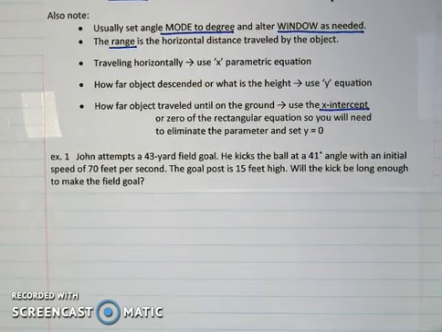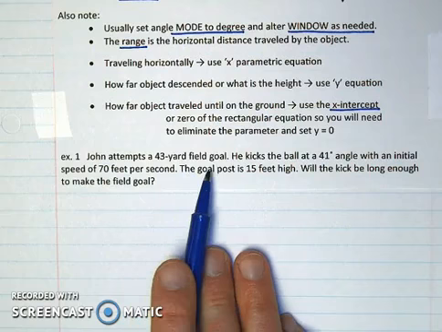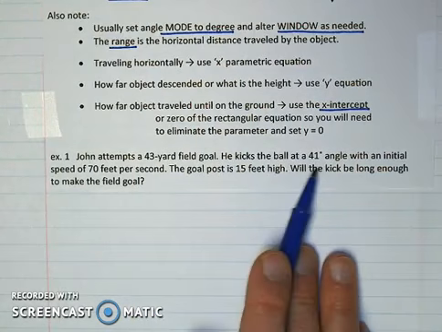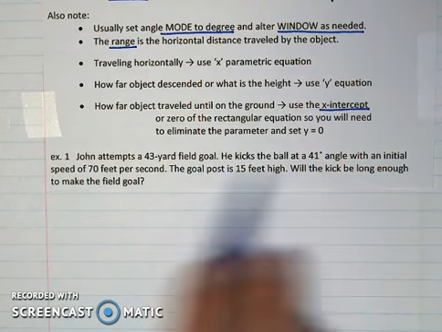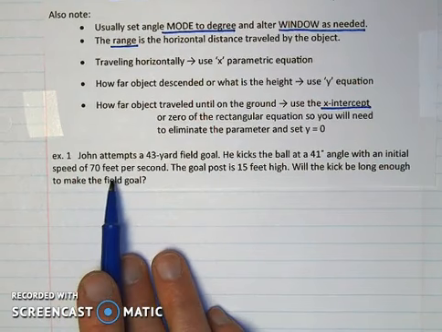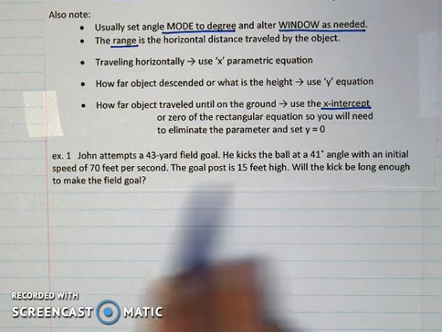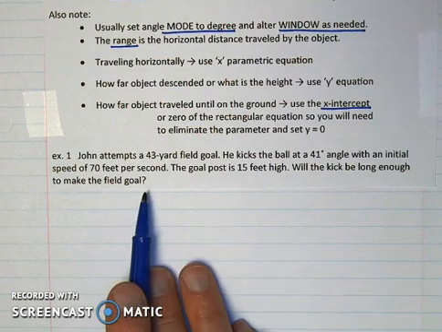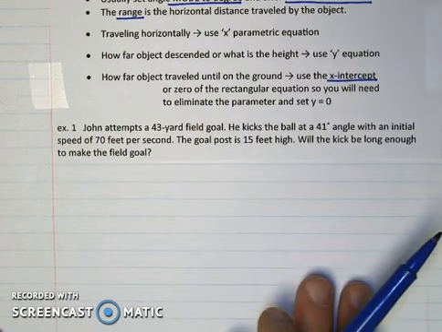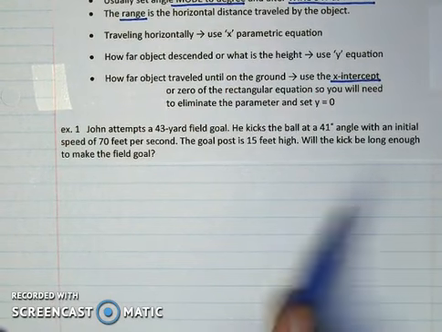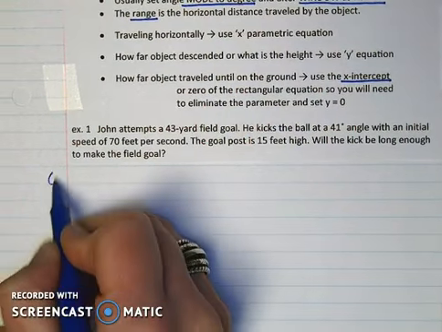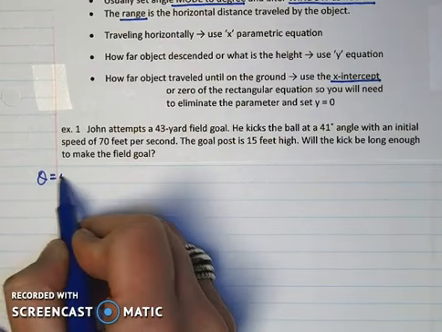This first example has John attempting a 43-yard field goal. He kicks the ball at a 41-degree angle with an initial speed of 70 feet per second. The goal post is 15 feet high. Will the kick be long enough to make the field goal? So let's identify some of the parts of the problem that we already know. We know that theta is 41 degrees.